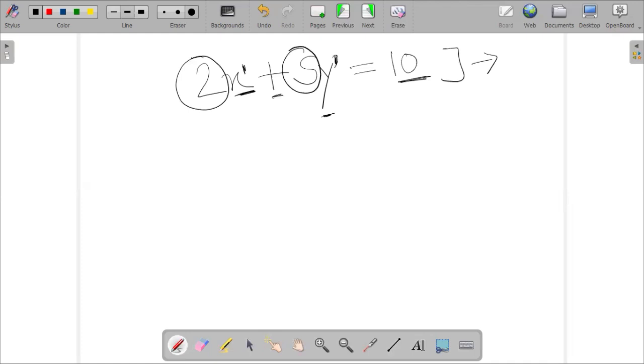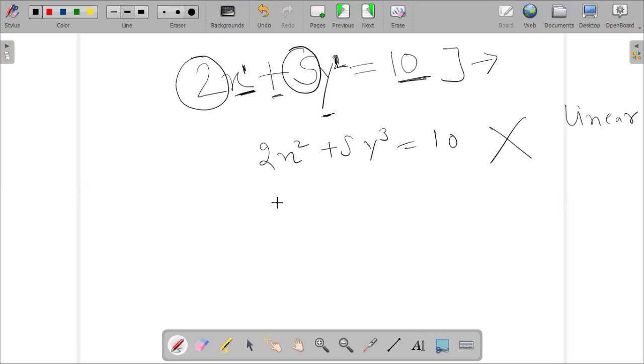If I place 2 here, like 2x squared plus 5y raised to power 3 equals 10, then this is not a linear equation in two variables, because linear means the variable should have power 1 only. This is in two variables, but it is not linear.